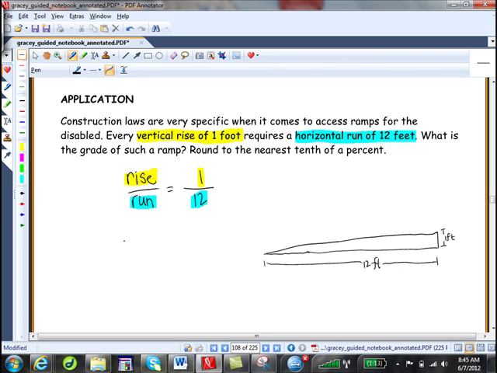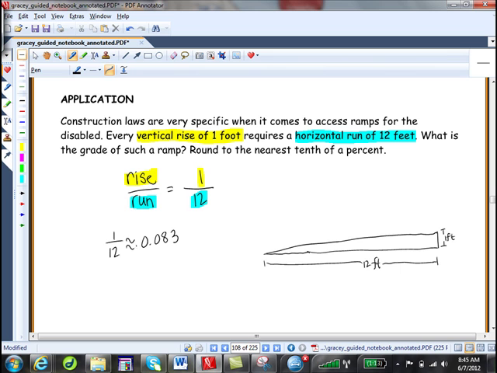Now we've got to manipulate 1/12 a bit. If we divide 1 by 12 on the calculator, because we want to get this into percentage land, and they said it was okay to round, 1/12 is approximately 0.083.